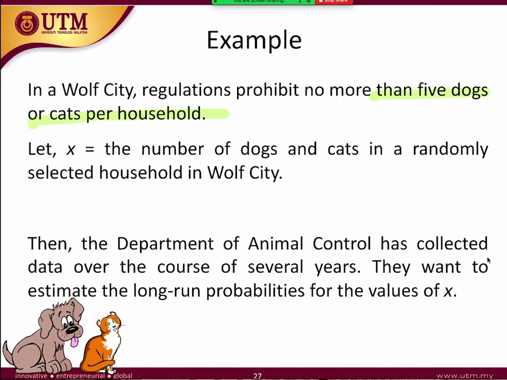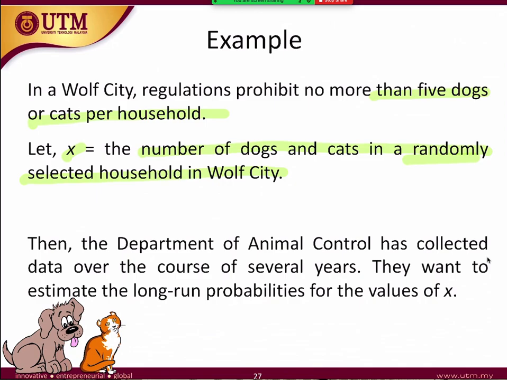So our x here is the number of dogs that is randomly selected. Remember, when we talk about probability, we are not going to investigate every house in Wolf City, but we just select a few random houses to see if they have any cats or dogs.